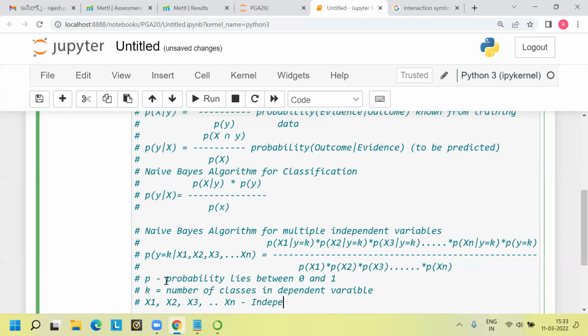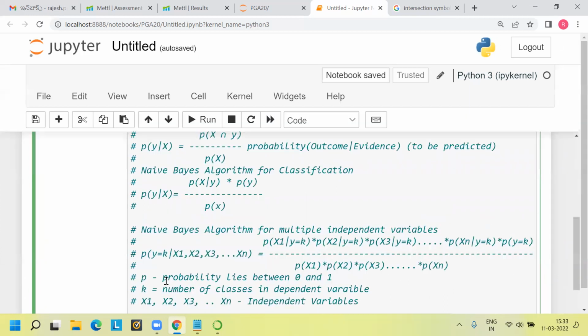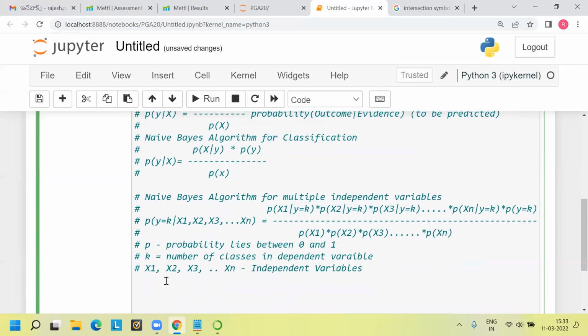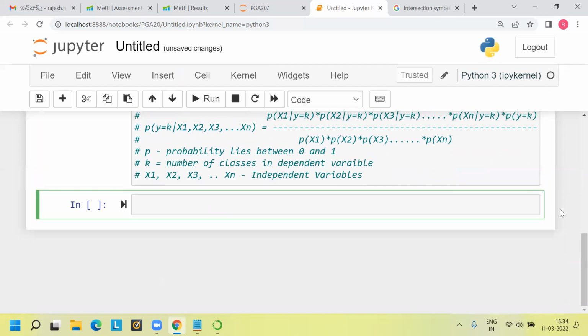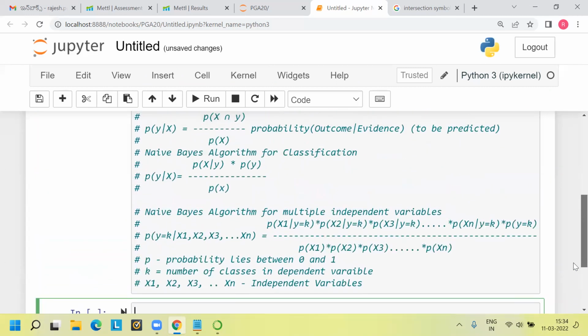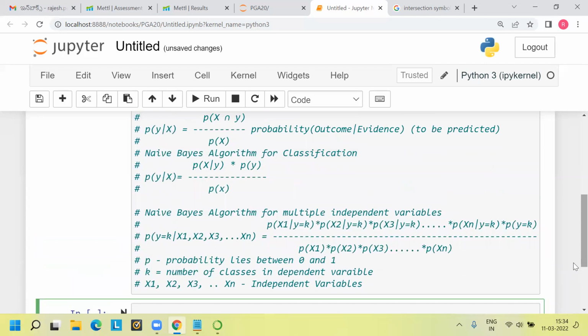Independent variables. All right. So this is the formula we use for calculating the naive Bayes in multiple independent variables, which I will show you in the Excel sheet, how we will do that basically.